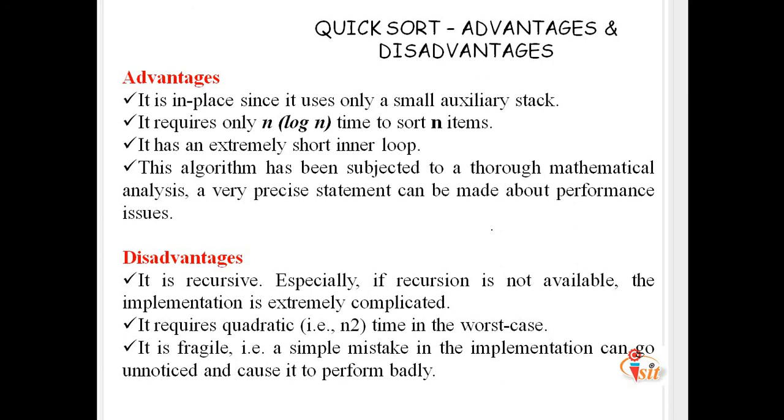It requires quadratic, that is big O of n square, time in the worst case, and it is fragile: a simple mistake in the implementation can go unnoticed and cause it to perform badly.